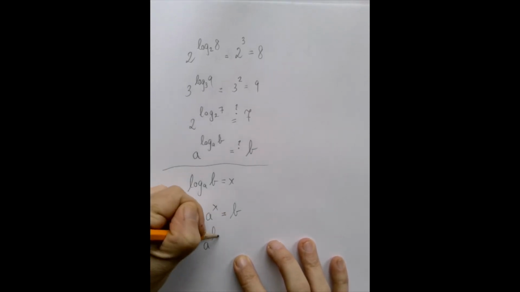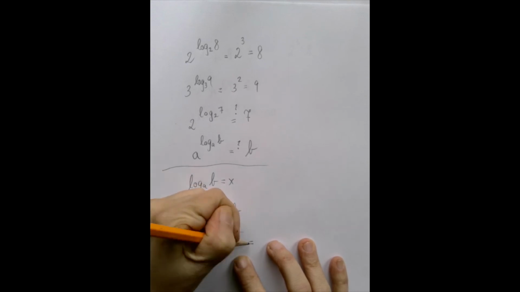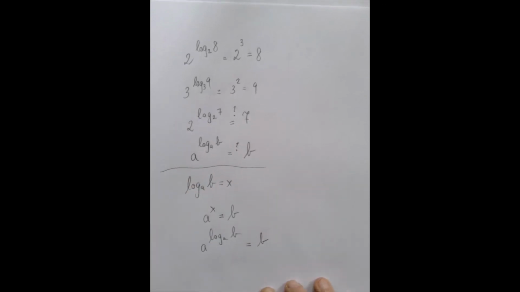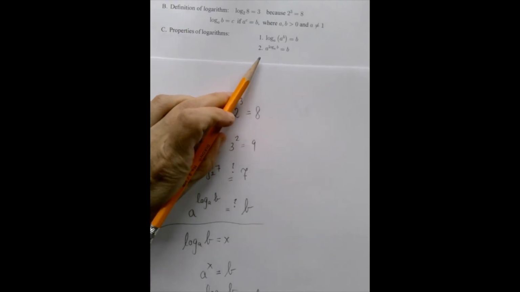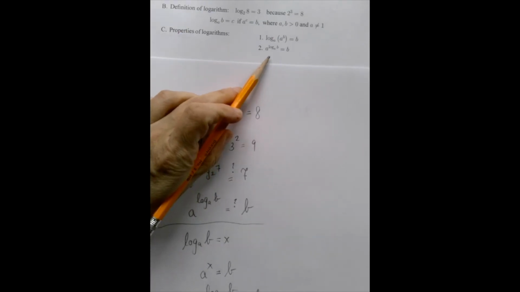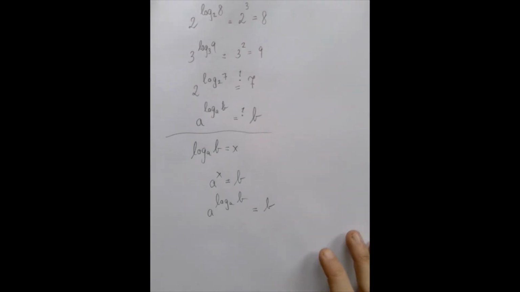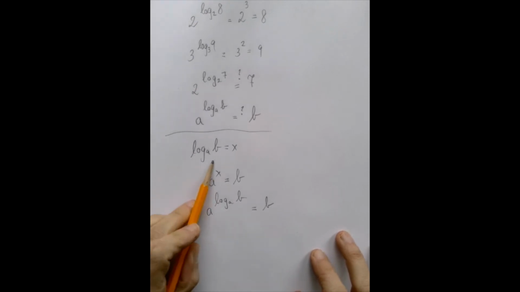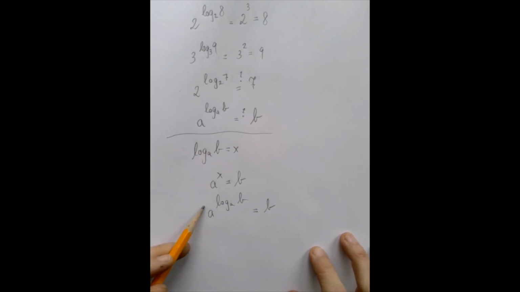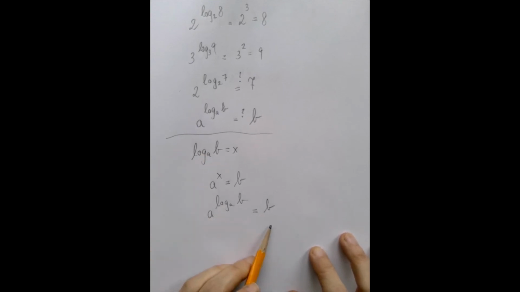So a to the log a of b must be then b, which is that second property we're looking at here. a to the log a of b is just b again. That might sound strange at first, but what is log a of b? It is the exponent that if we put on the top of a, we're going to get b. So if we do that, we will get that b. So it's sort of a promise fulfilled.